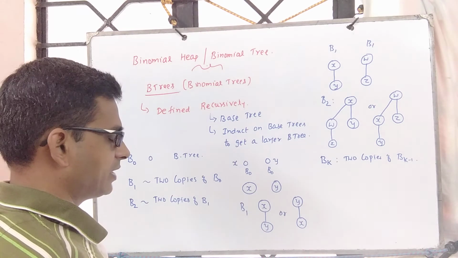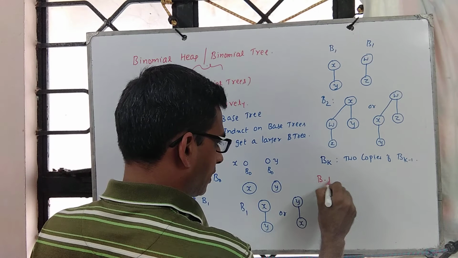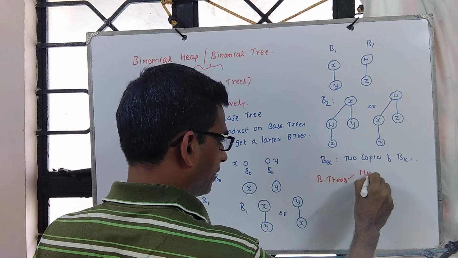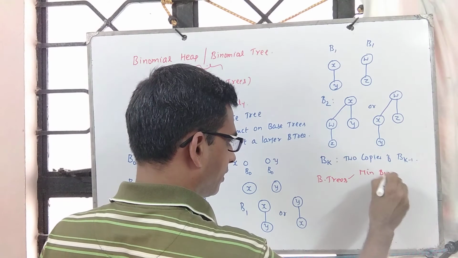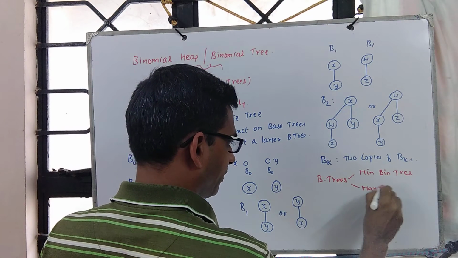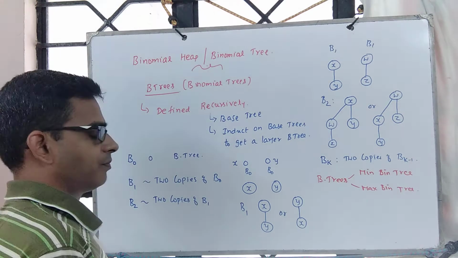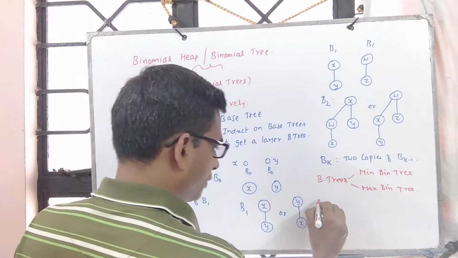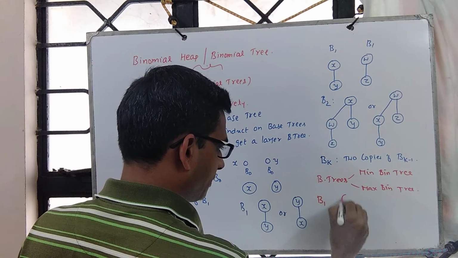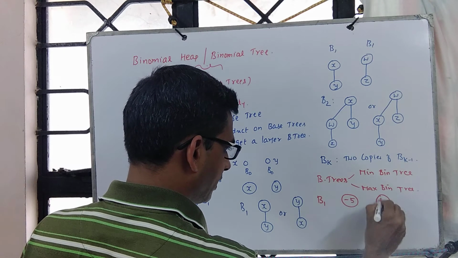When we construct, just like a heap has two types, min and max, we have either a min binomial tree or a max binomial tree. Suppose we want to construct B1 using two copies of B0. One copy has -5, another copy has say 10.